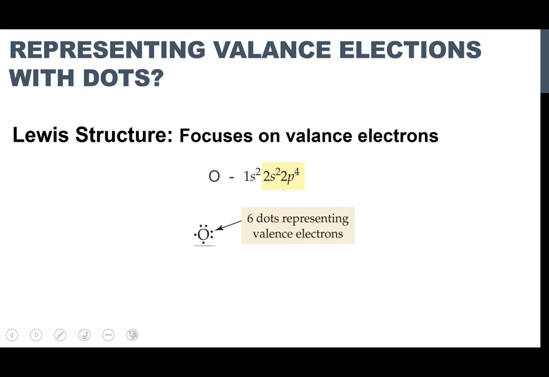Looking at the Lewis structure for just an atom of oxygen, what we're going to do here is draw the symbol in the middle, and then you can think of an imaginary box around the symbol. On each side of that imaginary box, we're going to put up to 2 electrons.